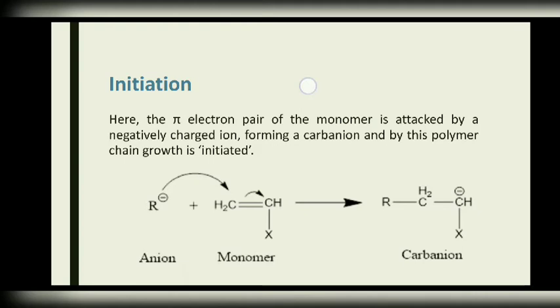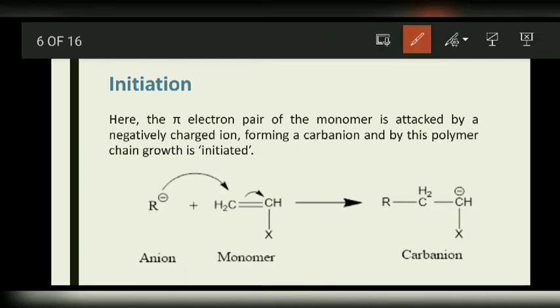So the first step is initiation. Here the anion obtained from the initiator attacks the pi electron pair of the monomer. Fine. So then it leads to the formation of a carbanion. Thus the polymer chain growth is initiated.